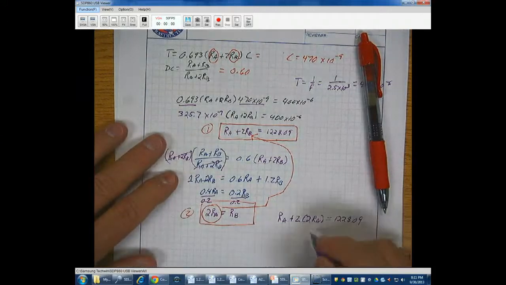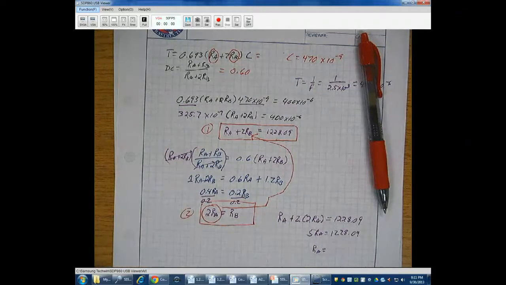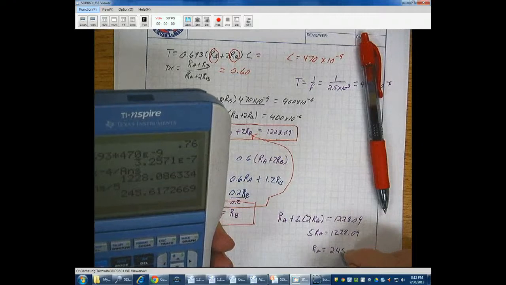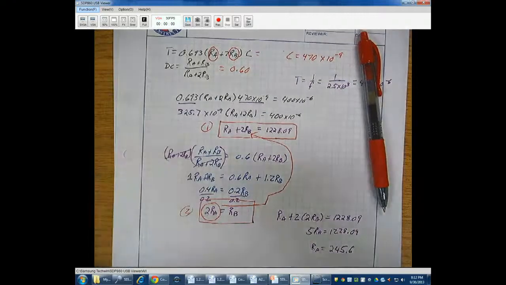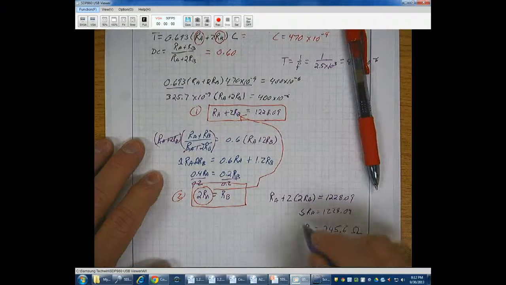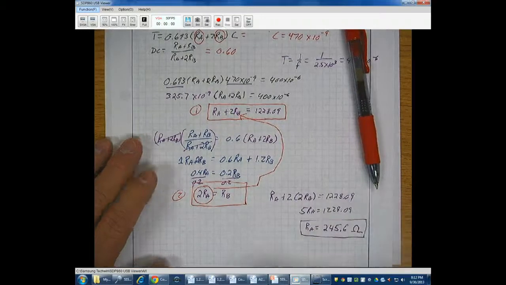And putting everything together, I have 5RA equals this same number. And divide finally by 5, and I find that RA is 245.6. And this is resistance, so my units had better be ohms. And so there I found what RA was.